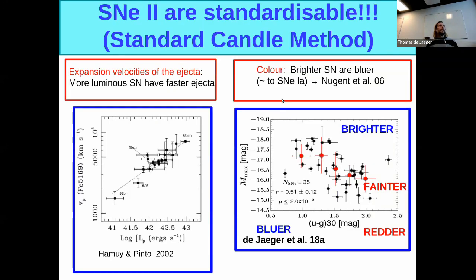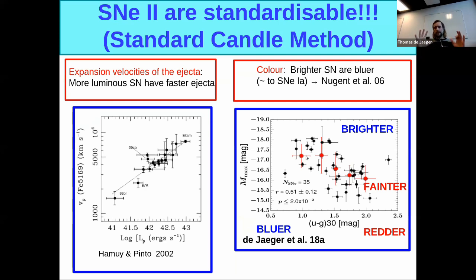This method is called the standard candle method. First you correct, as I said, by using this correlation, more luminous supernovae have faster ejecta. And as for type Ia supernovae, you can add another correction, a color correction term, to take into account the dust extinction, etc., where brighter supernovae in general are bluer.